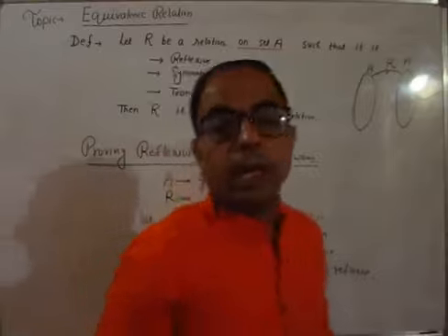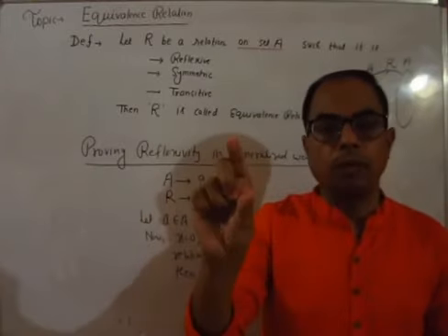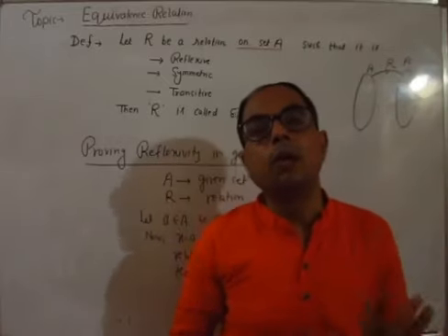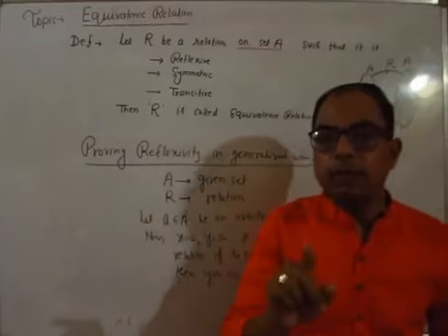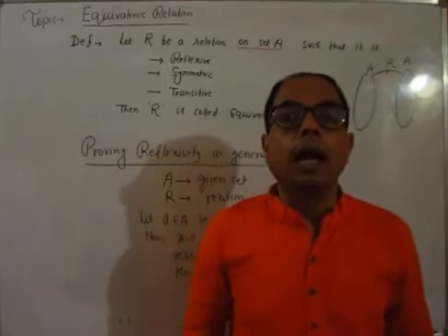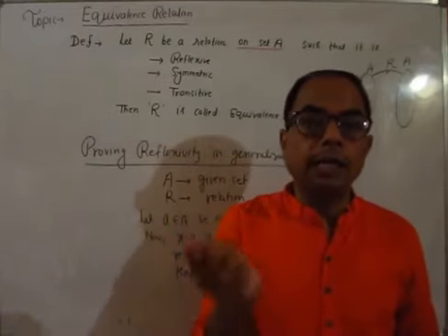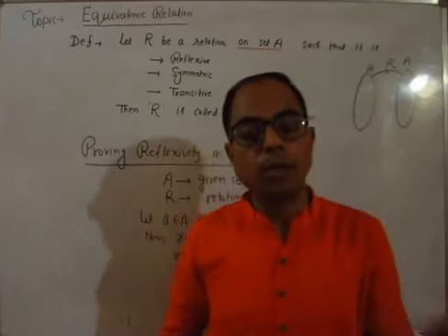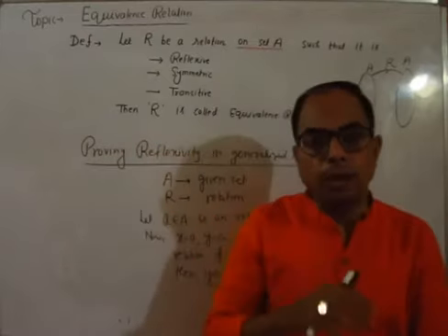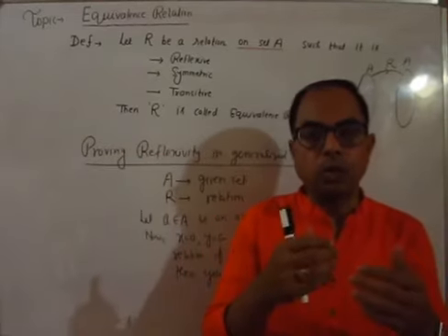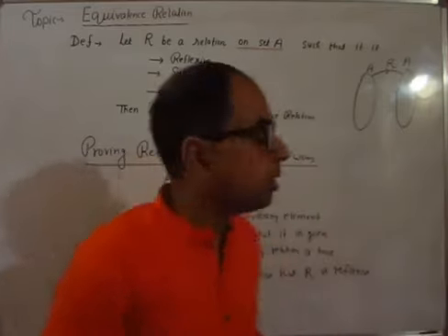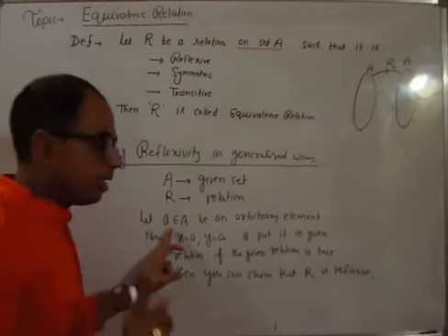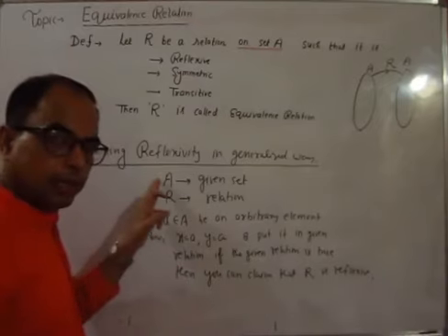Again I am repeating, if the relation is given in roster form, then it is very easy. By observation only you can say whether the given relation is reflexive or not. But if the relation is given in set builder form, and you have to prove that it is reflexive, then with one example you cannot claim it. So you should prove it in a general way. Take any arbitrary element from the given set.